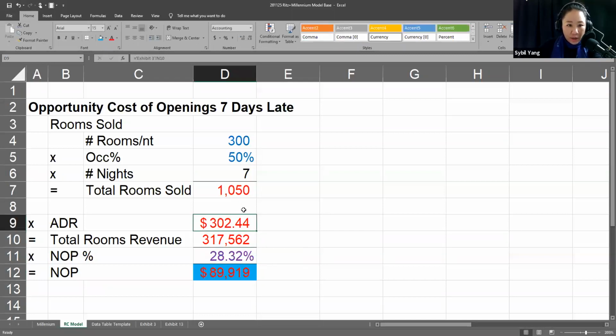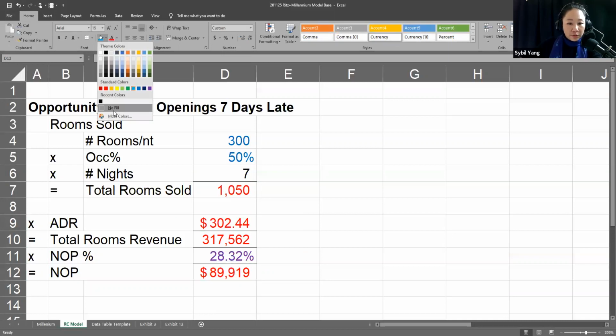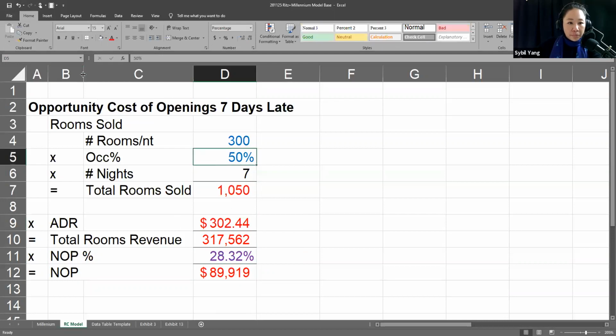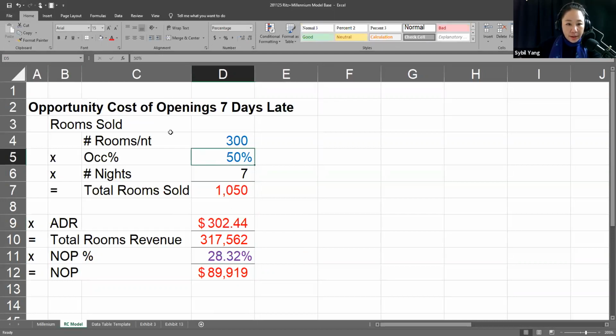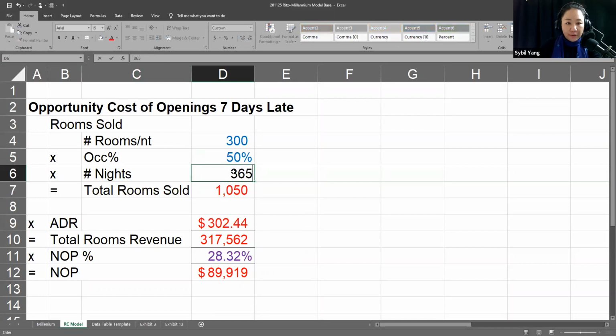Okay. I'm going to get rid of the formatting here. No fill. Okay. And we have 365 nights in a year.